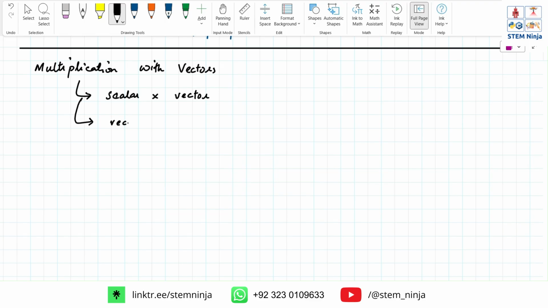So when we use something called dot product, the product is a scalar. So this is known as a scalar product.